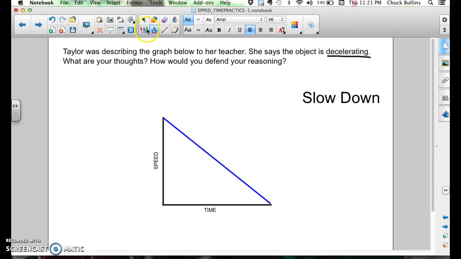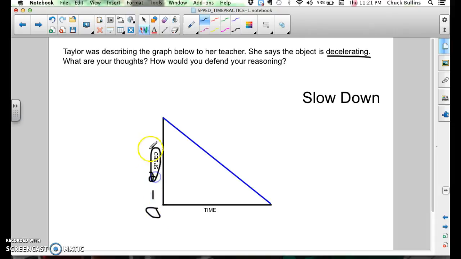Well, if Taylor was smart, she could, number one, say this is a speed time graph. Very important thing to do. If I start at my 0, 1, 2, 3, 4, 5, and then I say 1, 2, 3, 4, 5.